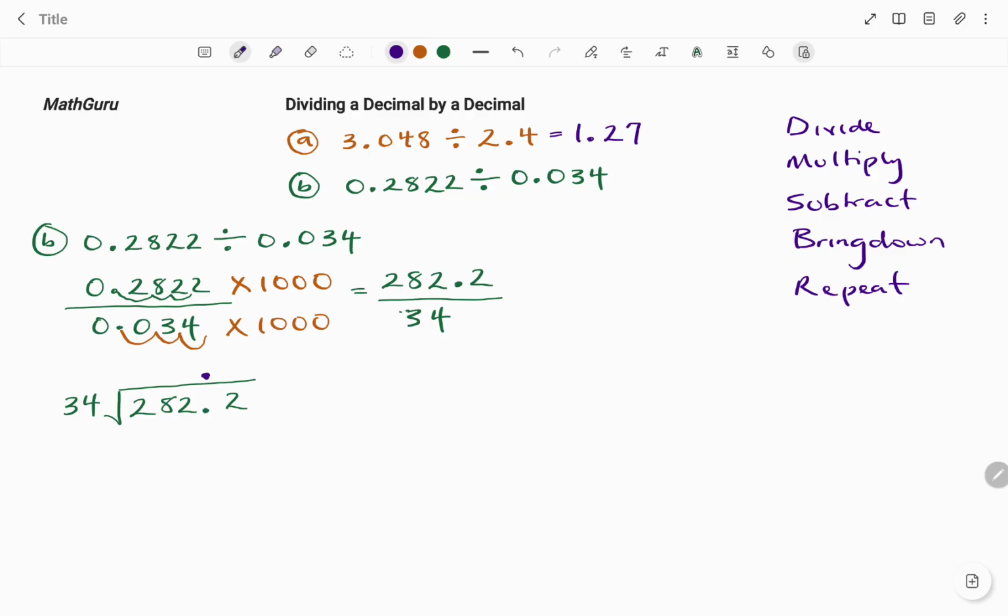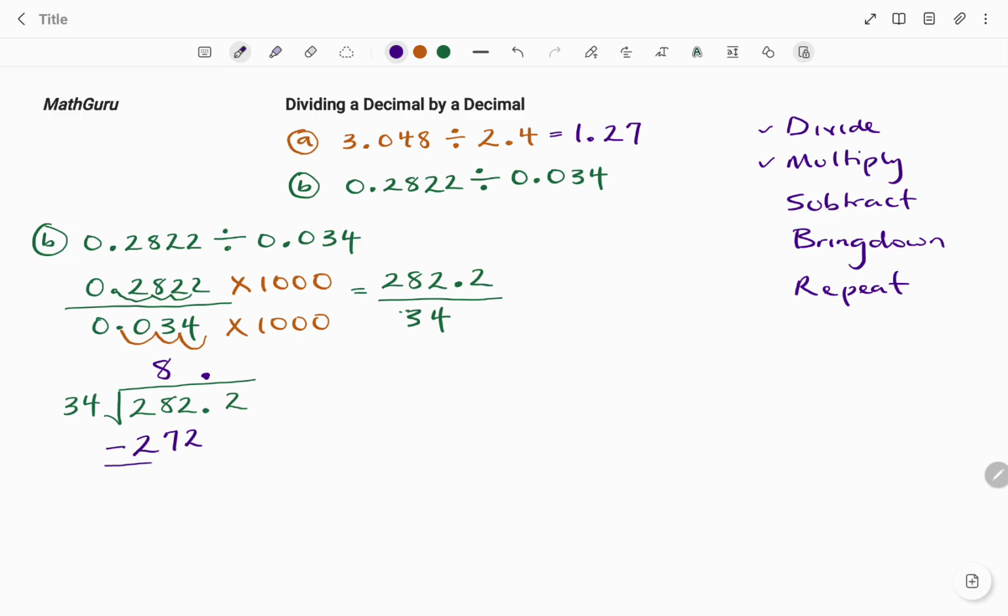I can't divide 2 by 34, and I can't divide 28 by 34, so I'm going to take the 3 digits, that's 282 divided by 34. I have that 8 times, so I'm going to write my 8 at the top. The next step is to multiply. So I have the 8 that I've written times 34, that's 272.